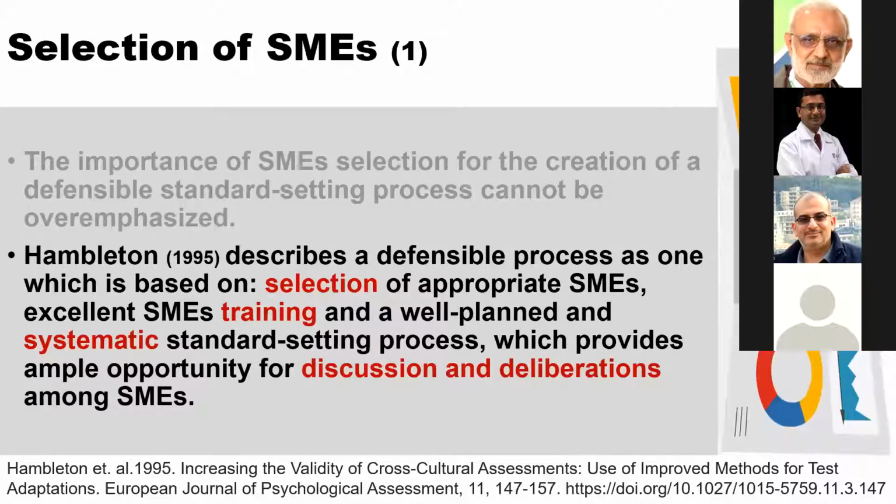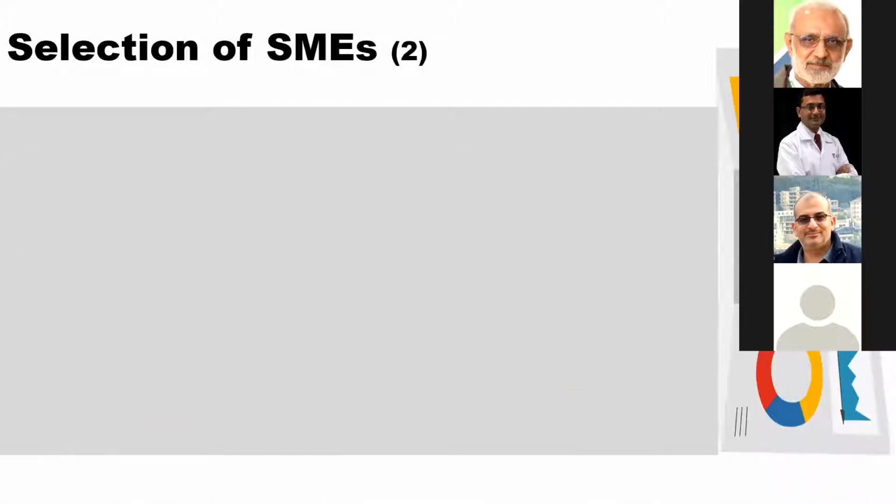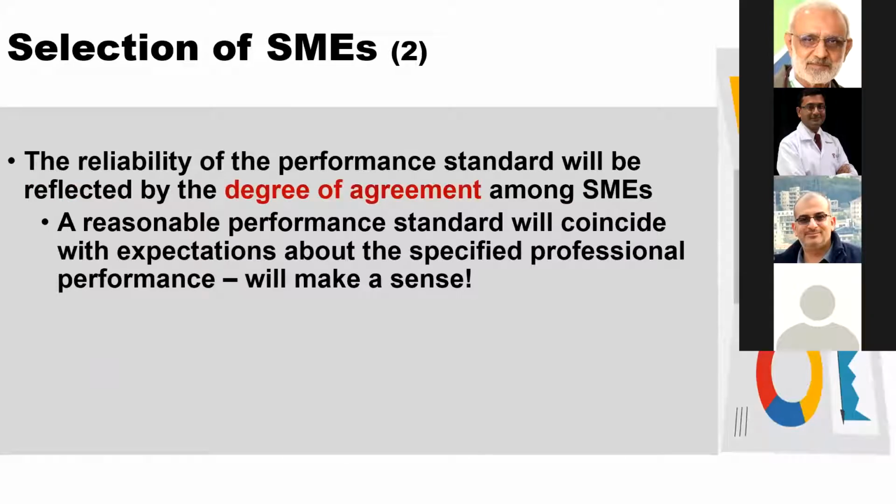The discussion and deliberation among the SMEs to iron out the differences is the major component in the training of SMEs. The reliability of the performance standards will be reflected by the degree of agreement among SMEs. A reasonable performance standard will coincide with expectations about the specified performance, that is, it will make sense based on experience.